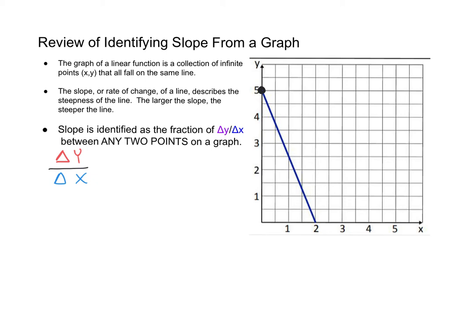It's where this graph intersects with the y-axis. And that is the point (0, 5), or where x is 0 and y is 5. I see an exact intersection right here at the point where x is 1 and y is 2.5.